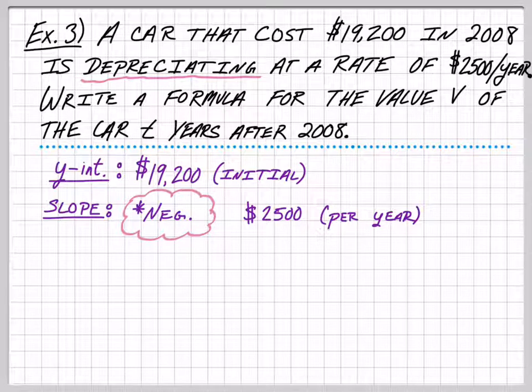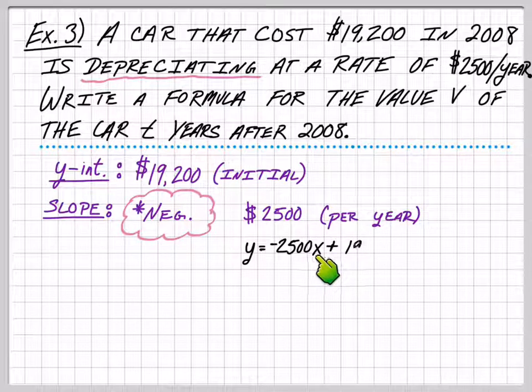So if we just use x's and y's, it should look something like this. Y equals negative 2,500x, that's the slope on the x, plus our y-intercept of 19,200. Now, all the heavy lifting is done, the hard stuff is done. Now, let's just make sure and get the variables correct here. So, the value V, that should be y, right?